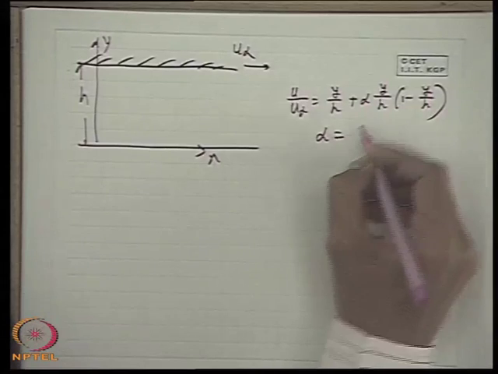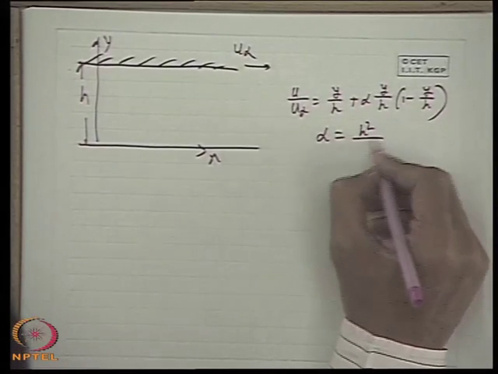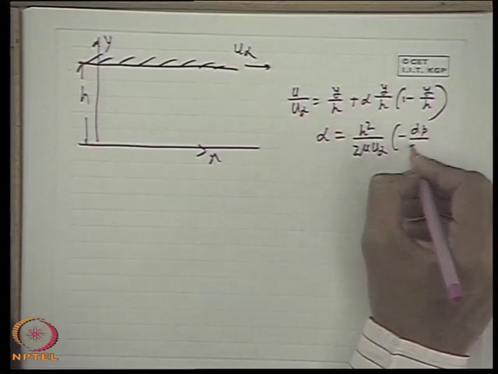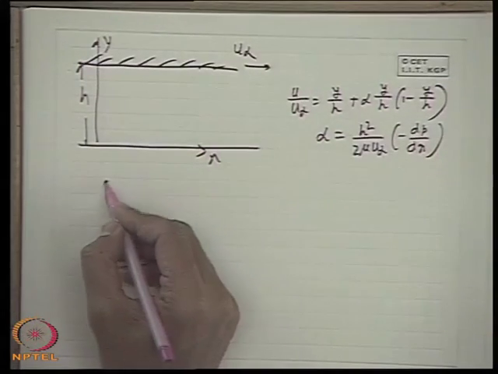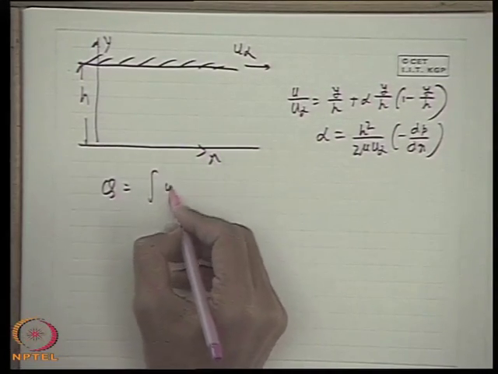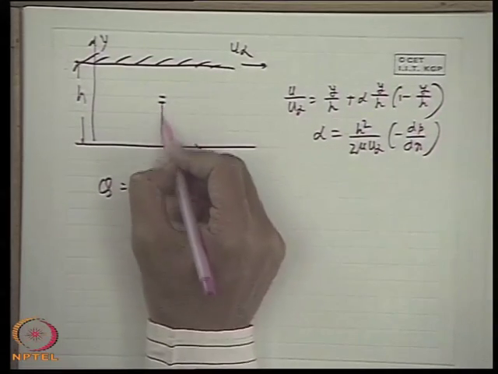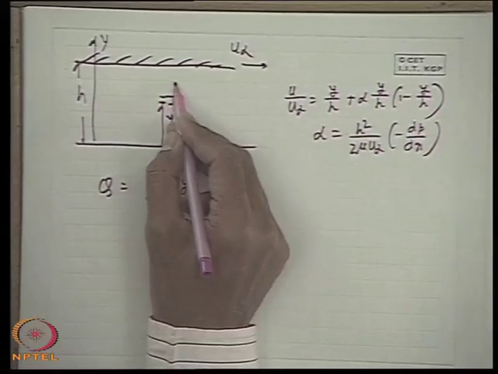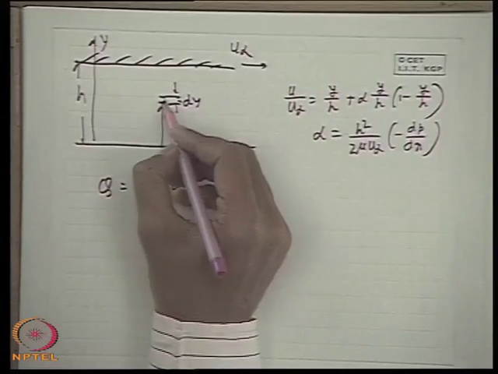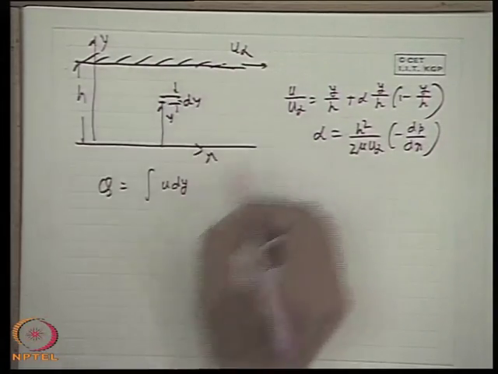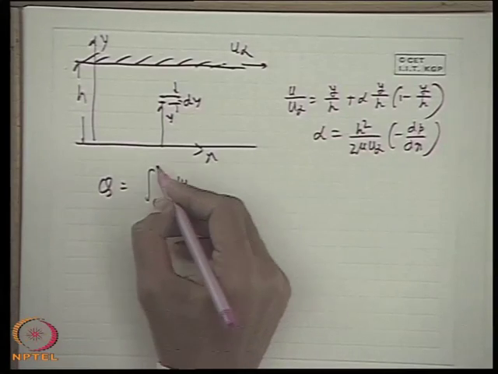It has to be kept in mind always that alpha is h square by 2 mu u infinity into minus dp dx. Now, to find the flow rate, it will be u dy: we take a small element dy at a distance y. If we take a unit depth in the z direction, perpendicular to the plane of the paper, the flow rate is the integral of u dy from 0 to h.